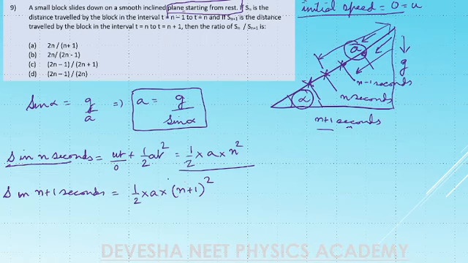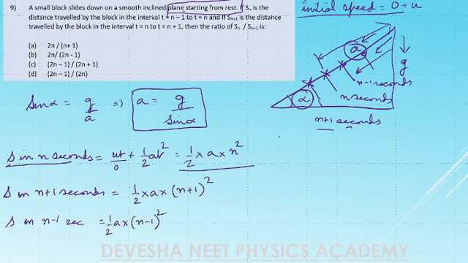So this will be the distance traveled in n plus 1 seconds. And what will be the distance in n minus 1 seconds? This is equal to half a into n minus 1 whole square.